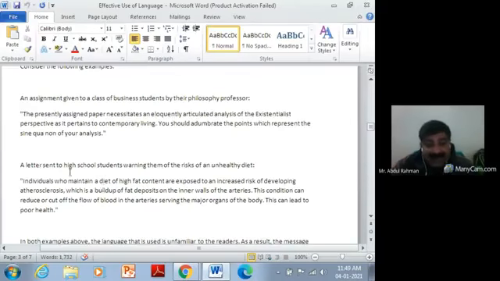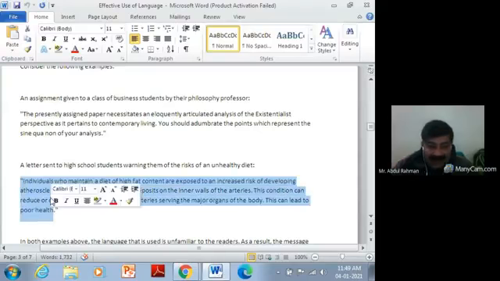And a letter sent to high school students warning them of the risks of an unhealthy diet. Who will read it? Read it, someone.